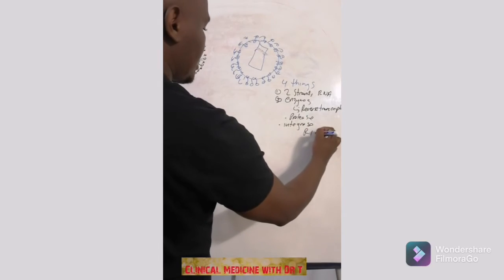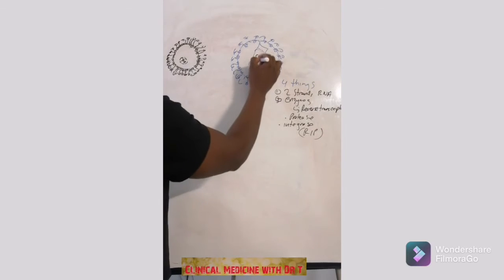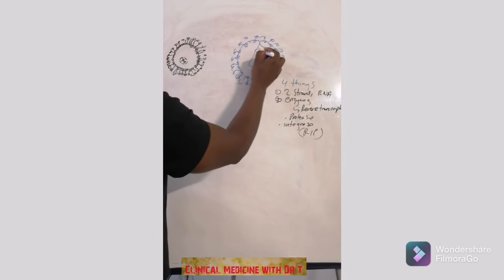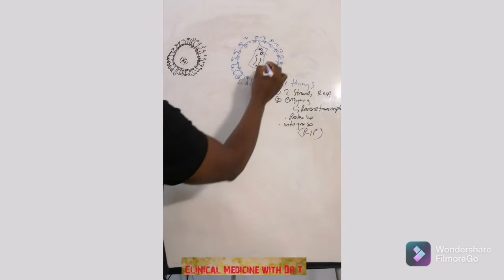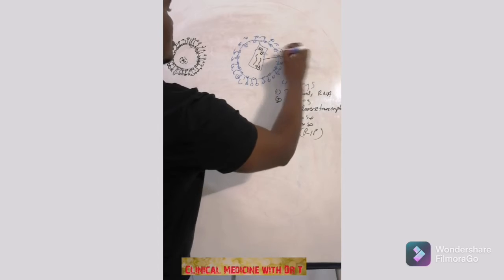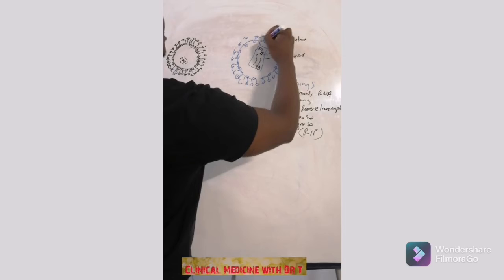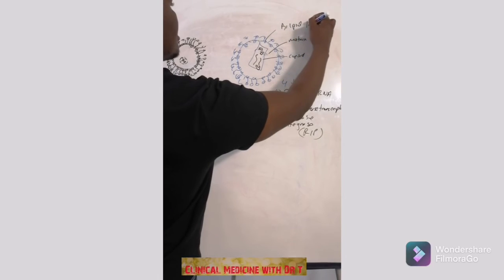Acronym RIP. So those are the 5 things that are inside this. And that's the capsid. That's the matrix. And that's the bilipid layer.